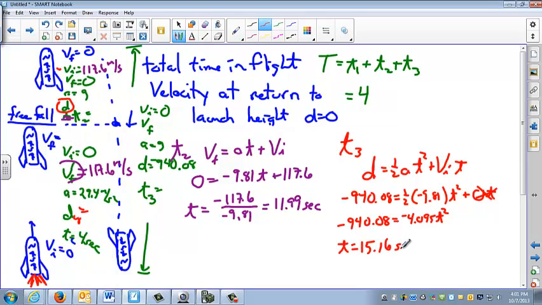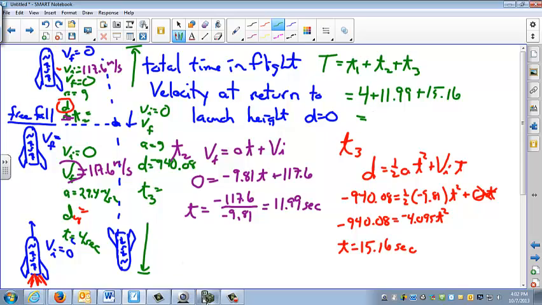15.16 seconds. Okay, so now I'm ready to go back up into my equation. I got T1 of 4 seconds. We calculated T2 of 11.99 seconds and we calculated a T3 of 15.16 seconds.